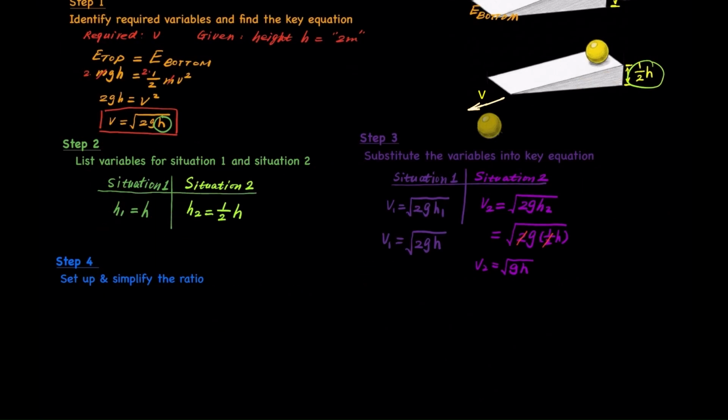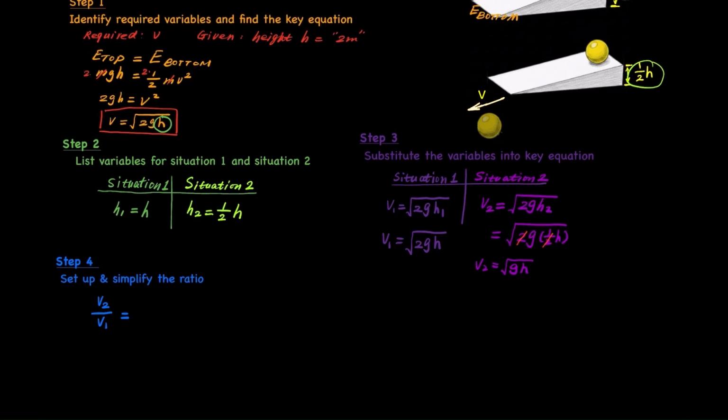Alright, now we have the speed for both situations. We are ready for the next step, setting up the ratio. We do this by dividing the second speed by the first, v2 over v1. This calculation directly gives us the ratio of the new speed to the old speed, which tells us exactly how many times bigger or smaller the new speed is compared to the original one.